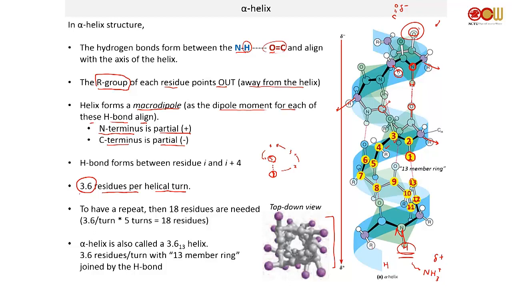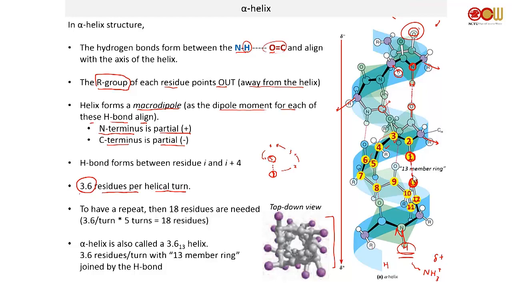And the number 13 atom is going to have the hydrogen bonding with the number 1 atom. So together they form a circular structure, because 1 and 13 have hydrogen bonding. So together they form a 13-member ring. That's why it's called 3.6 13.